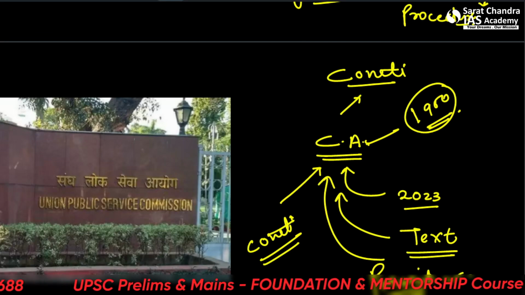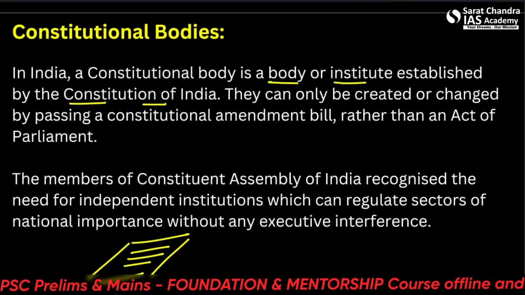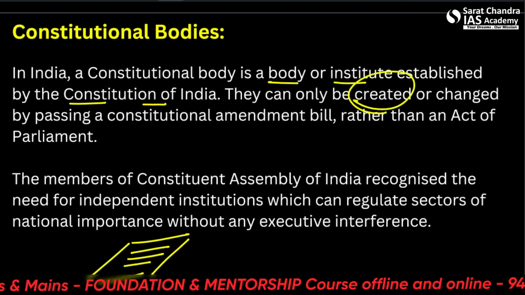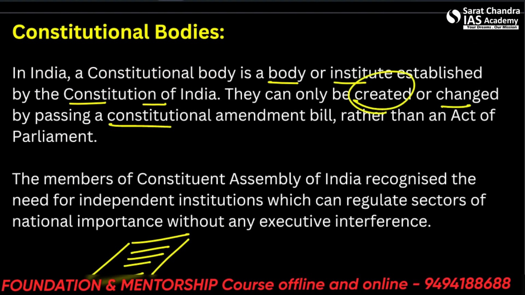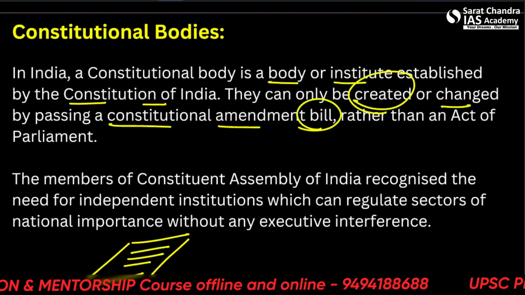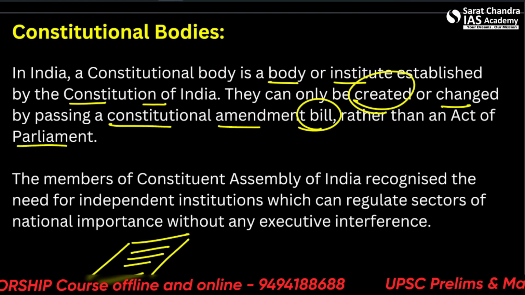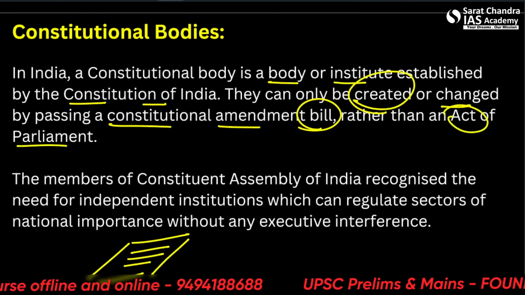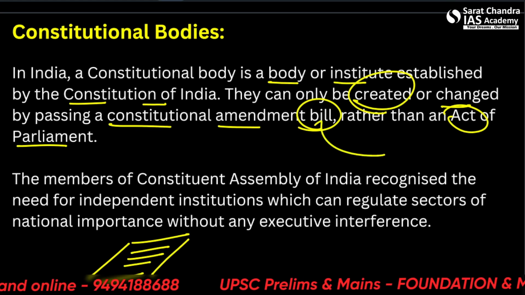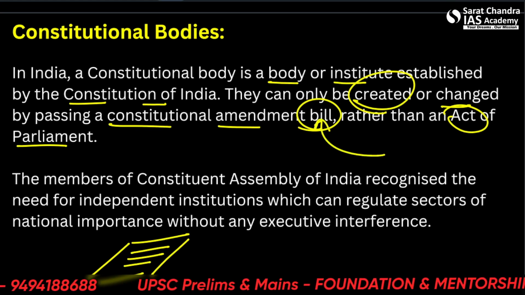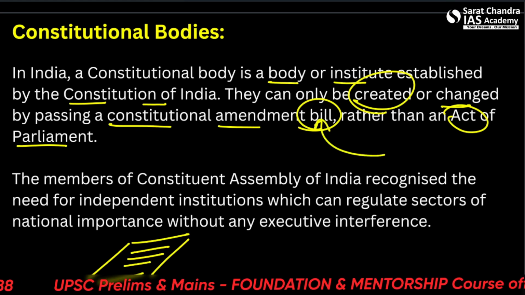So many constitutional bodies have been recently formed. They can only be created or changed by passing a constitutional amendment bill rather than an act of parliament. So they cannot be directly created or changed. First, a bill must be passed in order for them to be created or function, and then further things can take place.